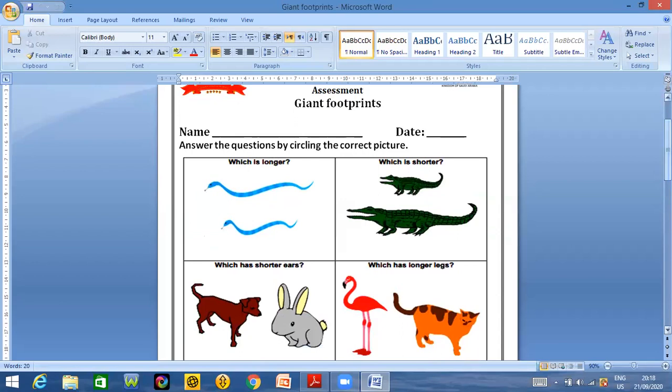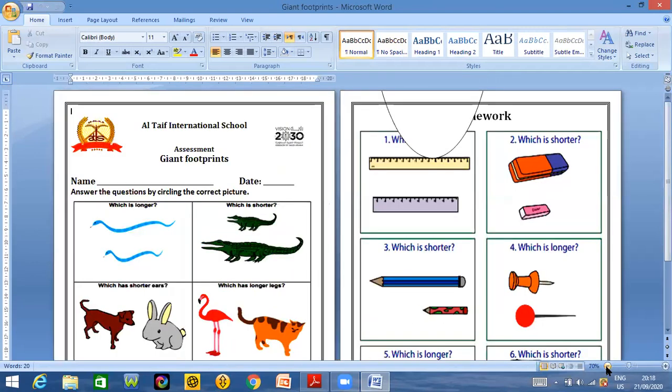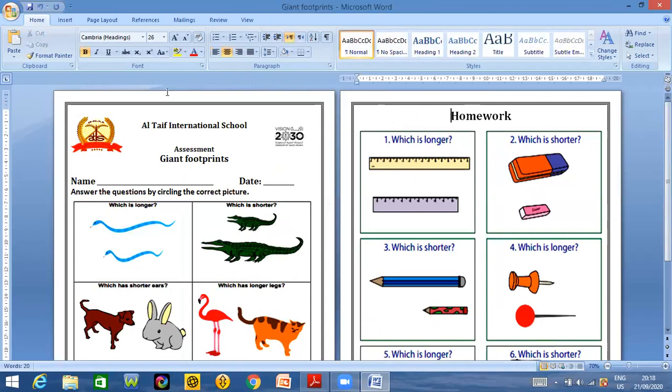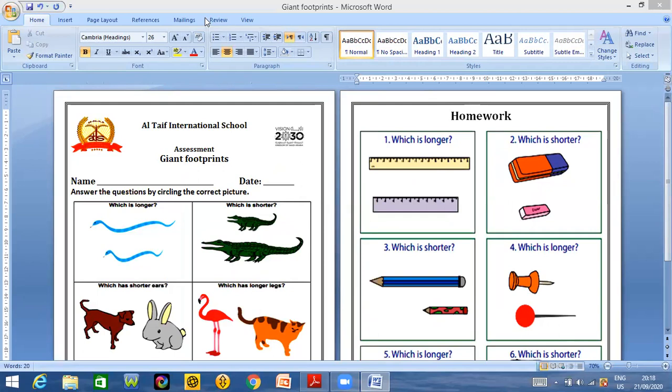See the first question. Answer the question by circling the correct picture. Which is longer? The snake is longer. Which snake is longer? So we are going to circle the longer snake. Here, this snake is longer.